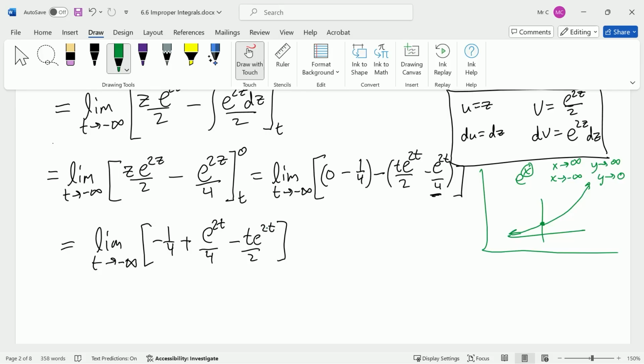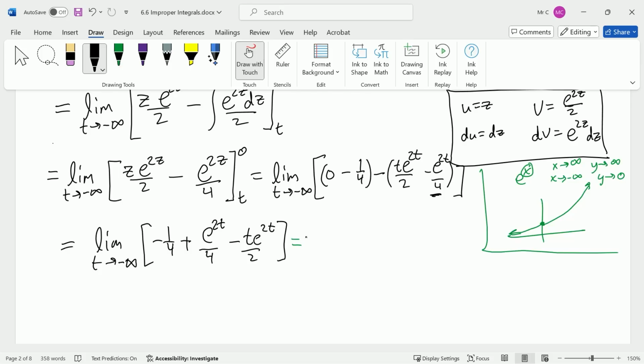So e to the 2t here, since t is going to negative infinity, goes to 0, but t goes to negative infinity. So we get infinity times 0. That's an indeterminate form, so we've got to rewrite this limit a bit. What we're going to do is two things.